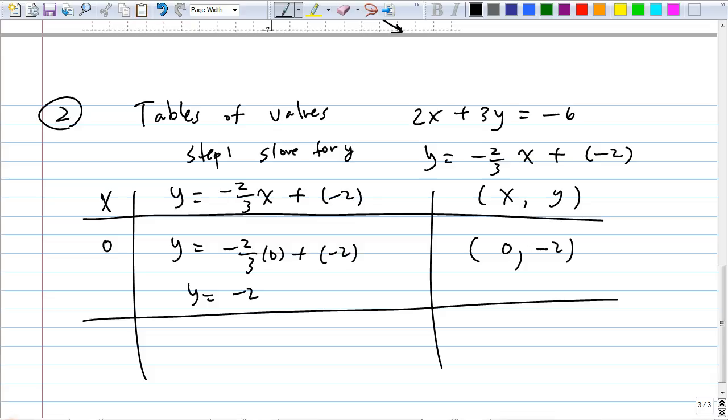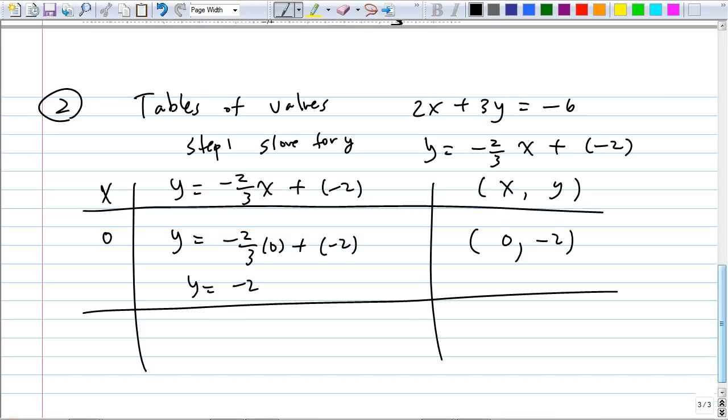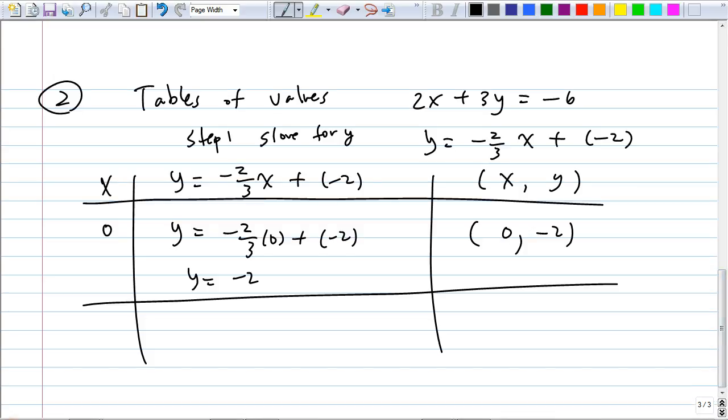Now, because we could plug in any x's we want, for the next x a lot of people may say, oh, let's plug in 1, but because we have a fraction and the denominator is 3, it's best to plug in an x that is a multiple of 3. So I'm going to plug in 3 here instead of 1 or 2, because look what happens when I do that. I get y equals negative 2/3 times 3 plus negative 2.